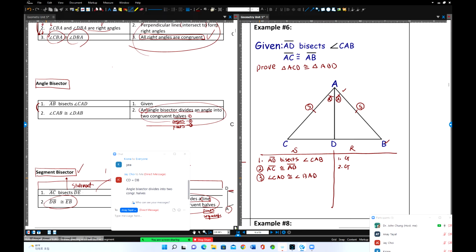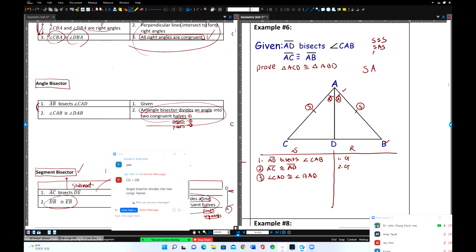We already got a side angle. What else do we need? Side angle side, or angle side angle. We have 2 choices, right? Because we have a side.